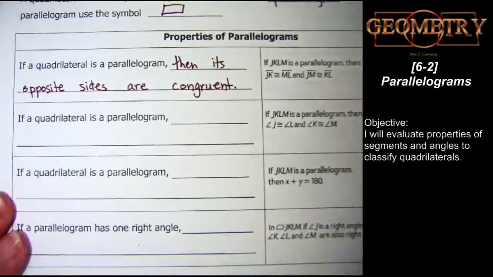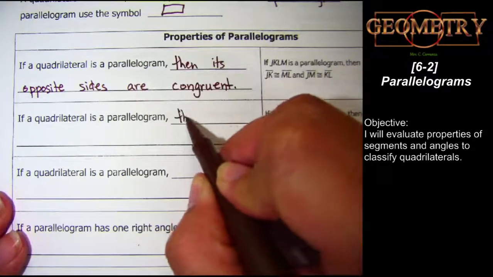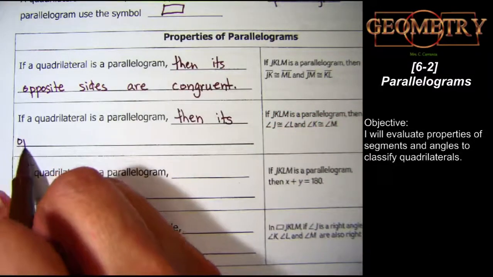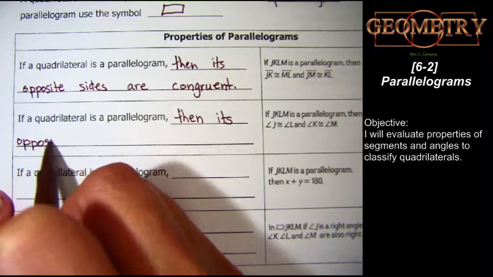The next property says that if we have a quadrilateral and it is indeed a parallelogram, then its opposite angles are congruent.